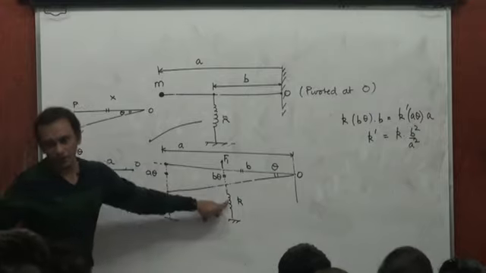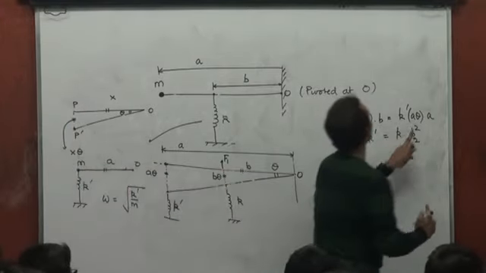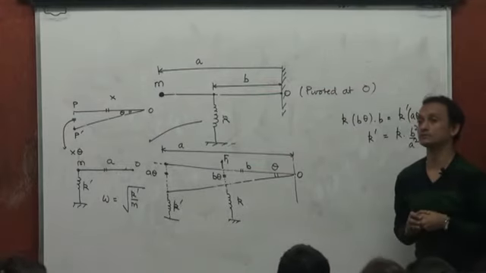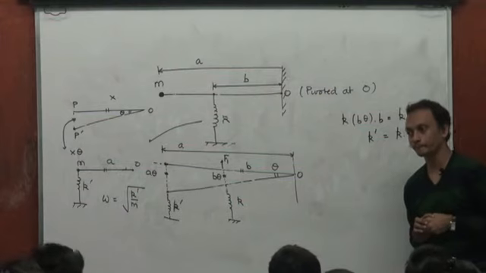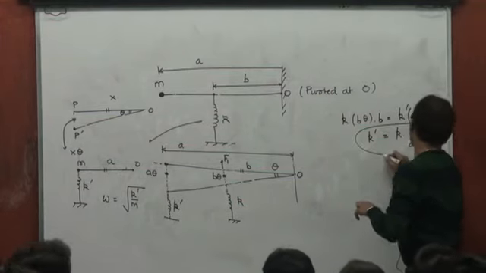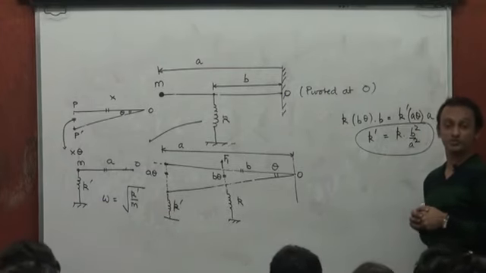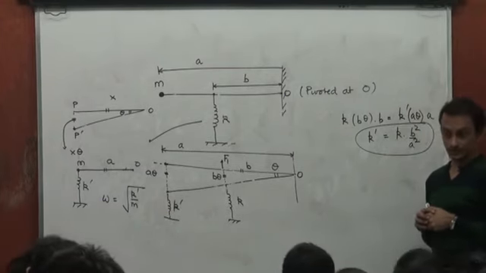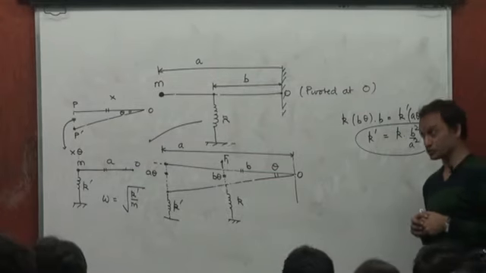They will tell you K, but K prime would have to be obtained. How? K into B squared by A squared. Right? This is the shifting equation for a spring. This is what you have to do when you shift the spring.